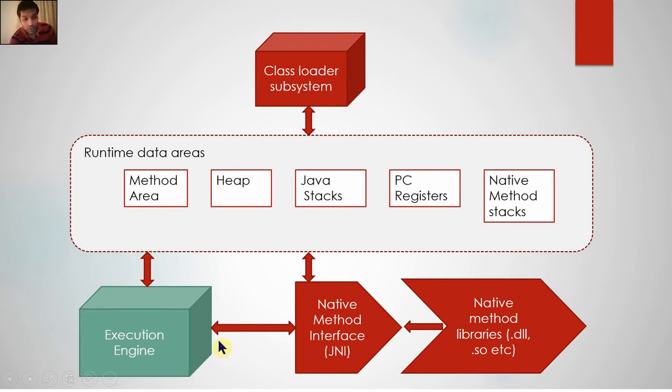The execution engine, we saw, has the interpreter, JIT compiler, hotspot profiler, which sometimes they call the hotspot VM, then the garbage collector, which interfaces with the native libraries through native method interfaces. That summarizes the JVM architecture.